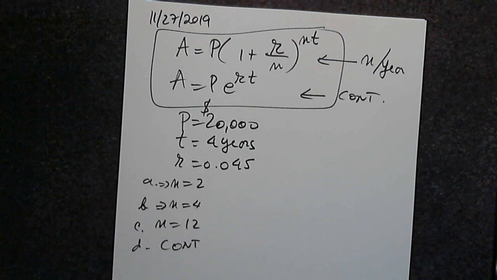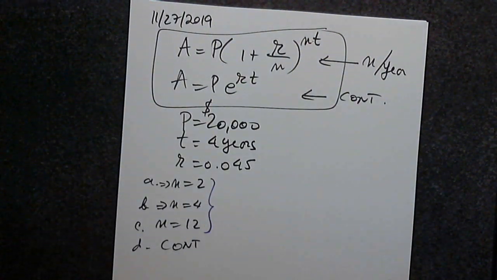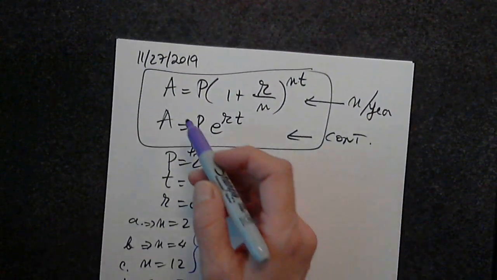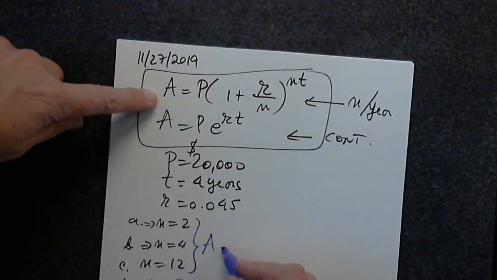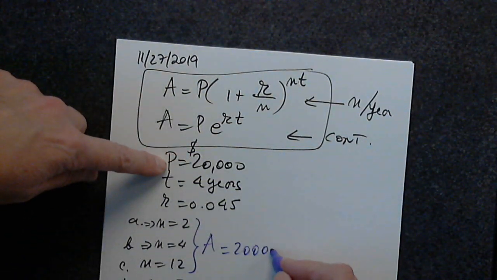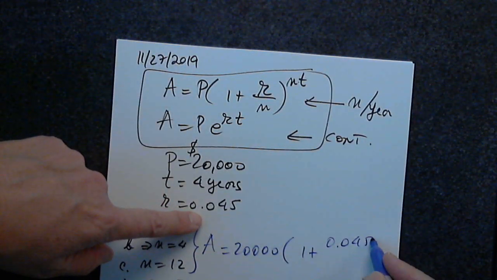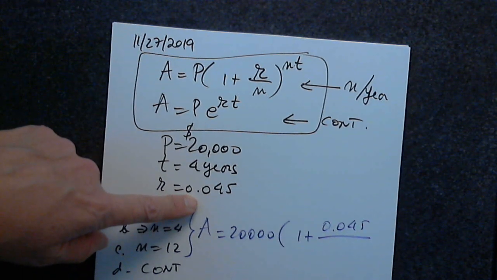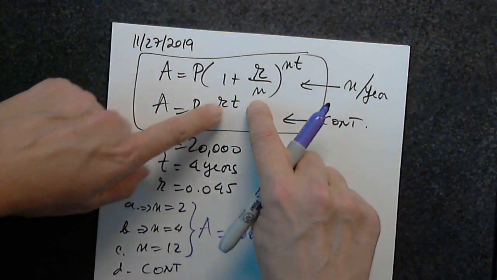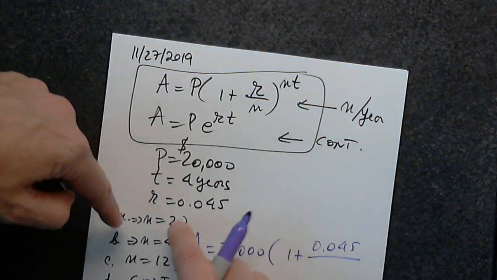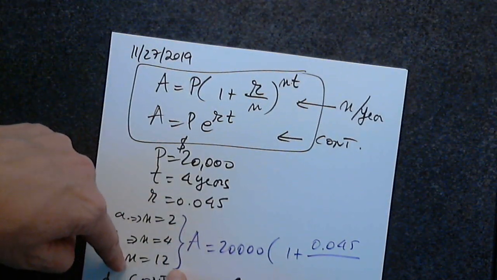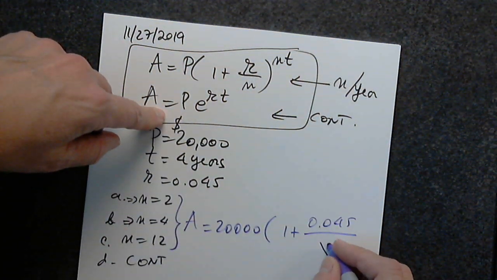And what I recommend is, for these three, we use the following formula. I'm going to write A equals 20,000 times (1 plus the interest, 0.045 annual interest rate per year, divided by n). Instead of putting these numbers in one at a time, I'm going to use the graphing calculator.